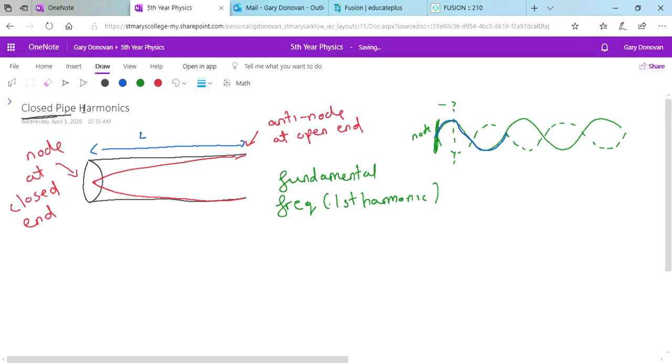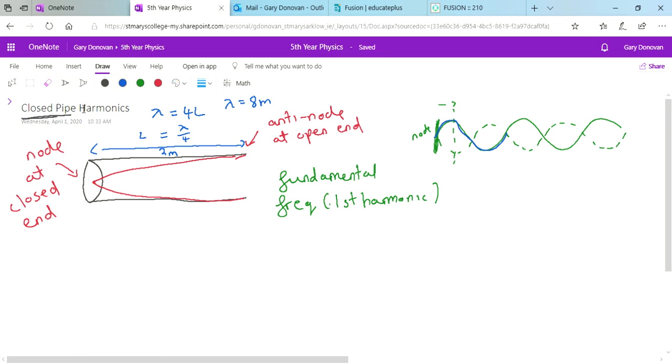So what we see here in this red line is a quarter of a wavelength, or lambda over 4. So we can write the wavelength in terms of L: the wavelength will be 4 times L. If this pipe has a length of 2 meters, the wavelength of that wave is going to be 4 times 2, which is 8 meters.